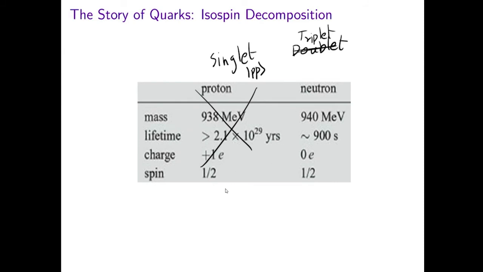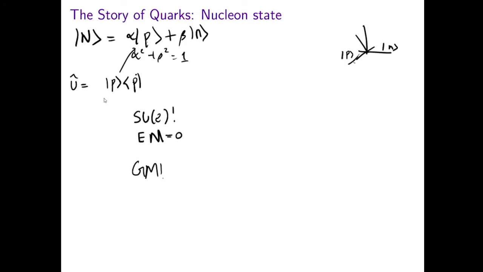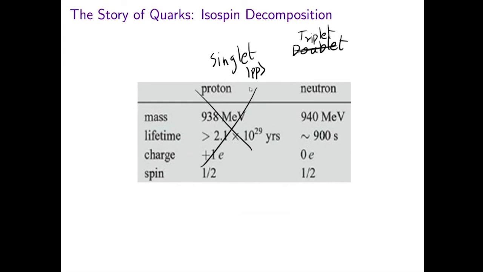So when he did that, it was just based on the actions of this operator on a two-particle system. And what he found was if you're only going to get singlets and doublets, he described this as if they were comprised of two SU2 groups.